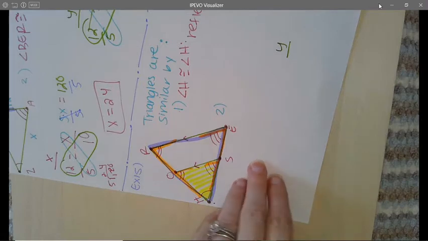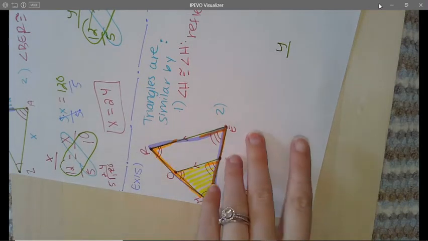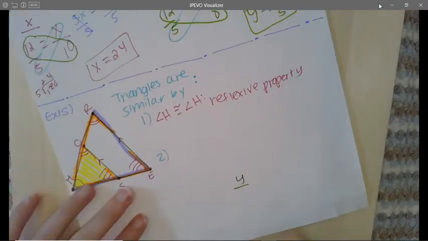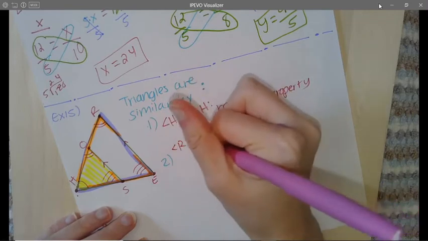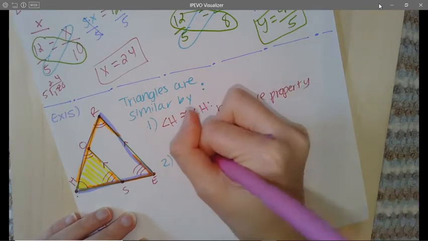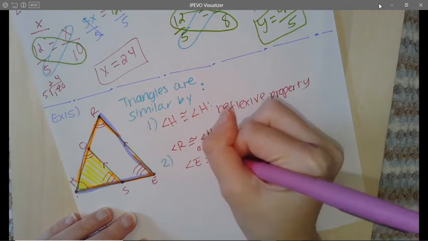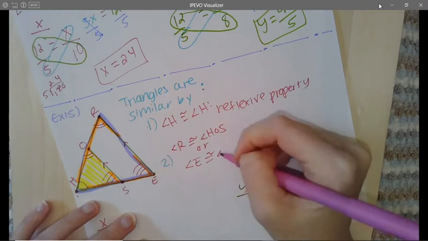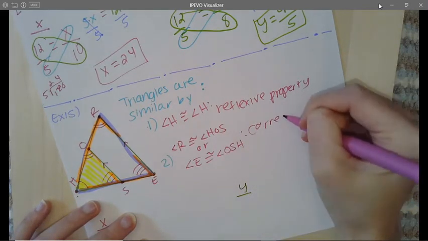You can mark just these two or just these two, but I'm going to include both because we might as well list them. So angle R is congruent to angle HOS, and angle E is congruent to angle OSH, because of the corresponding angle postulate.